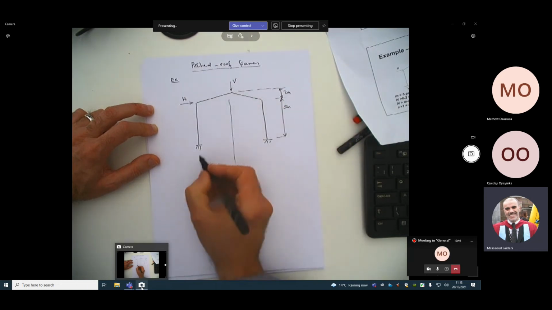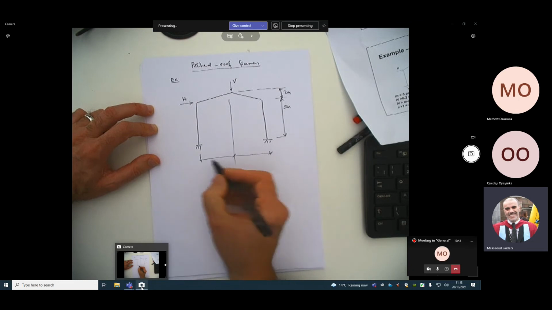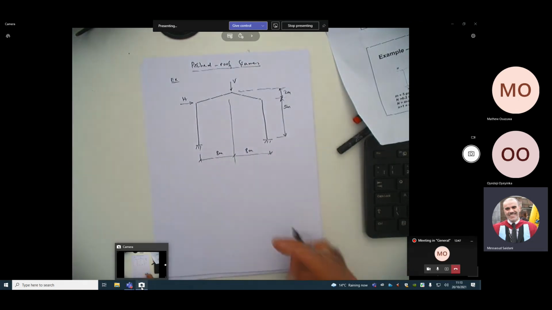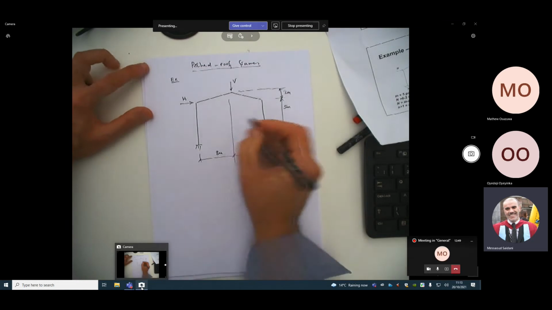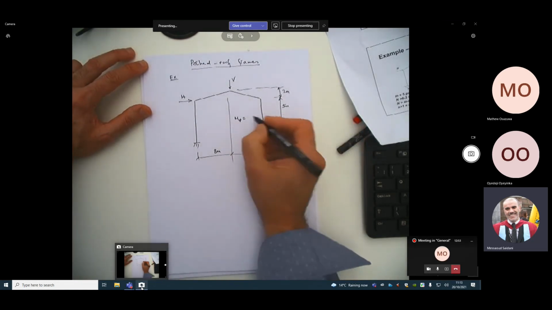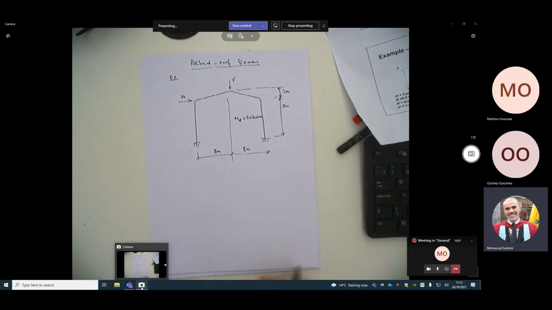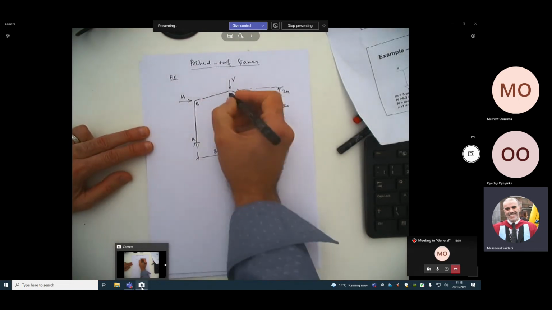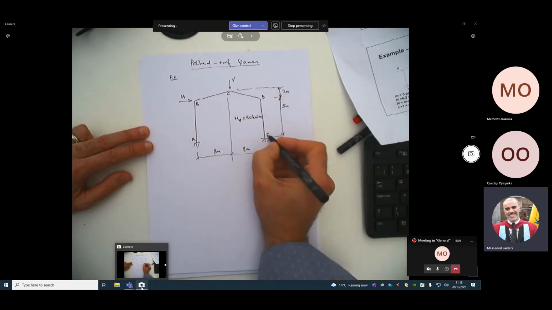In this direction, we have 8 meters and 8 meters for the horizontal bays. The MP is given. It's the same MP for all the members. Let's call these A, B, C, D, and E.